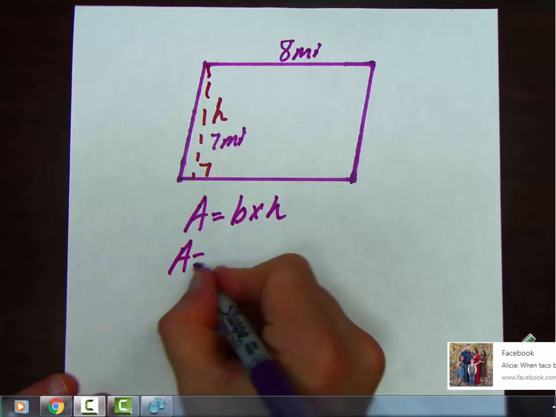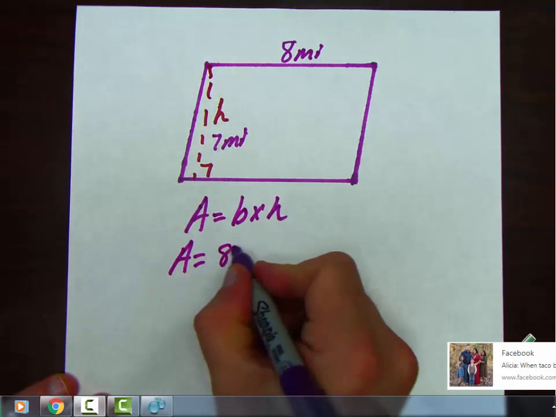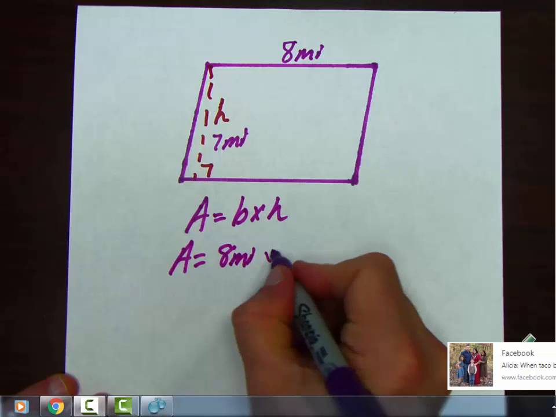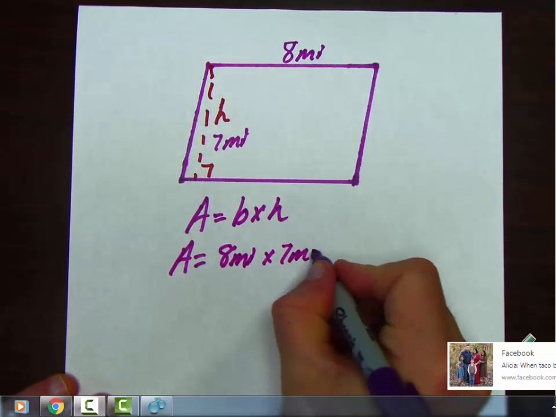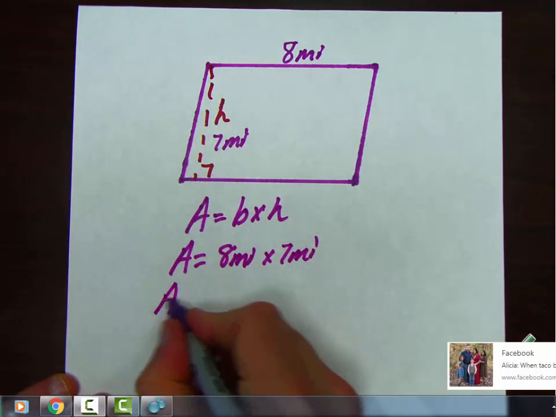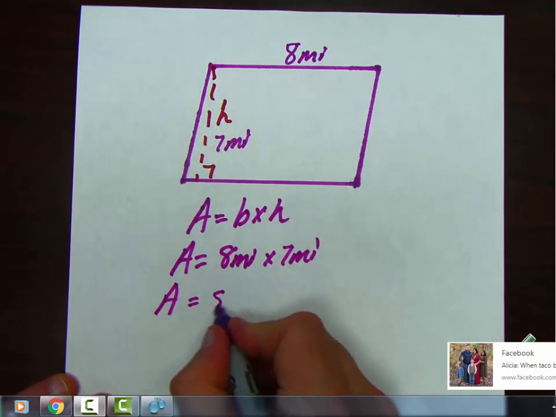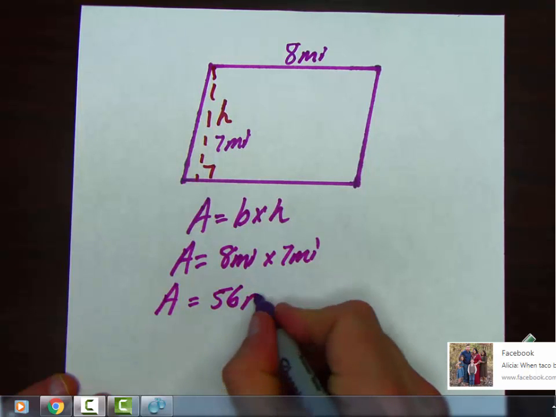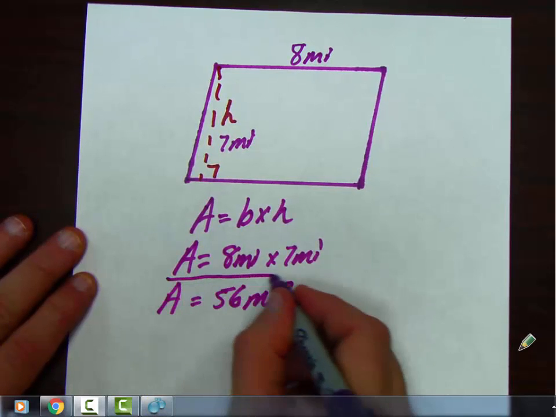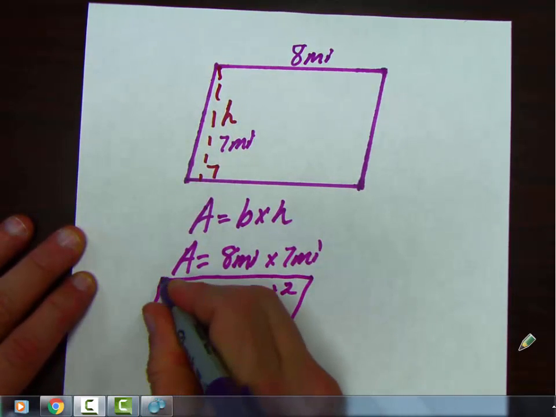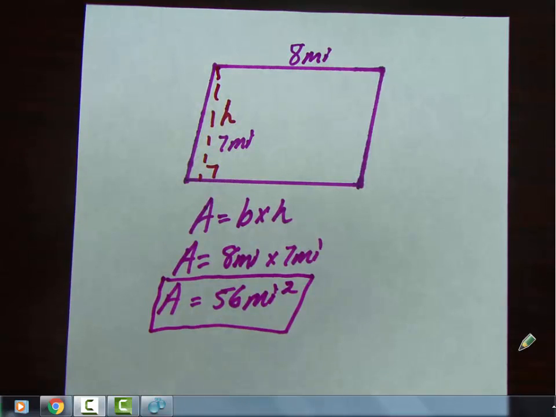So area equals our base is 8 miles times our height of 7 miles. So area equals 56 miles squared. So it works just the same as a rectangle, but just with a different slanted side.